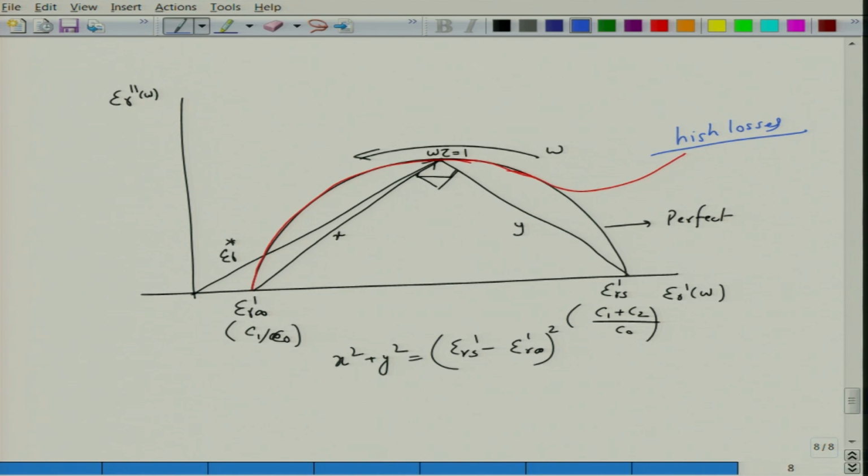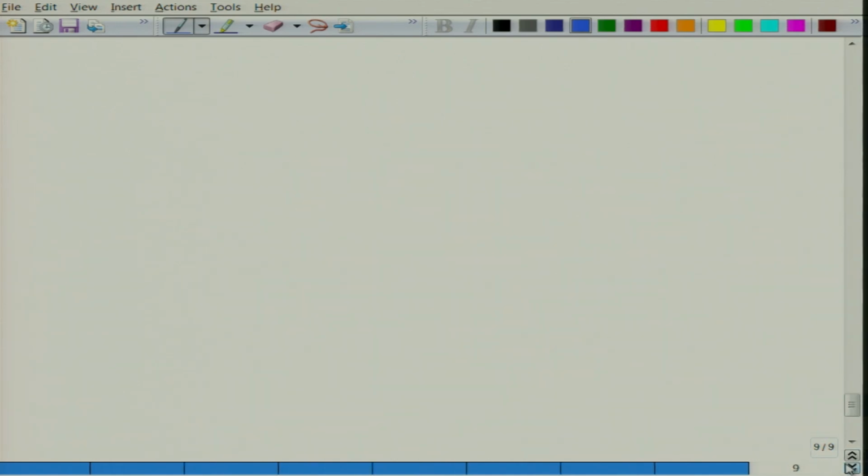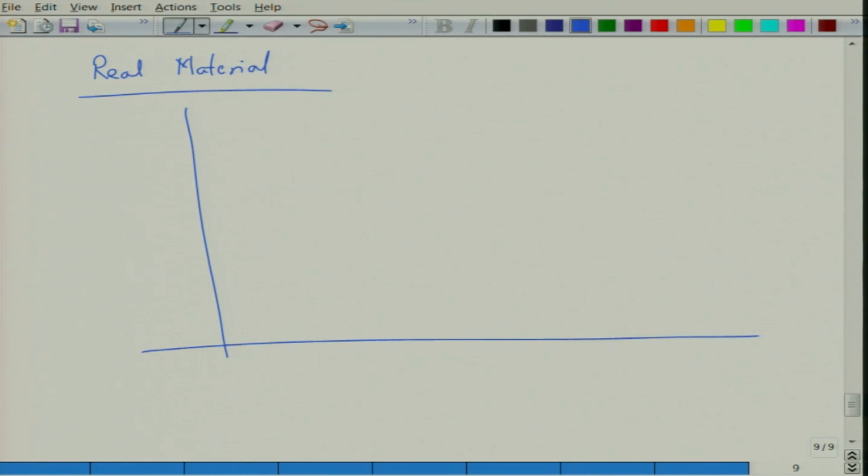When you model this, in a real material you hardly see one semicircle. The situation can be a little bit more complex.